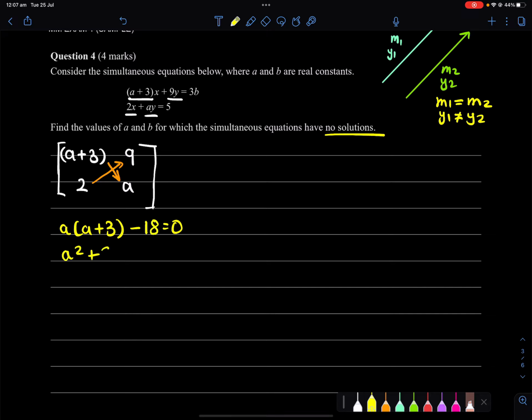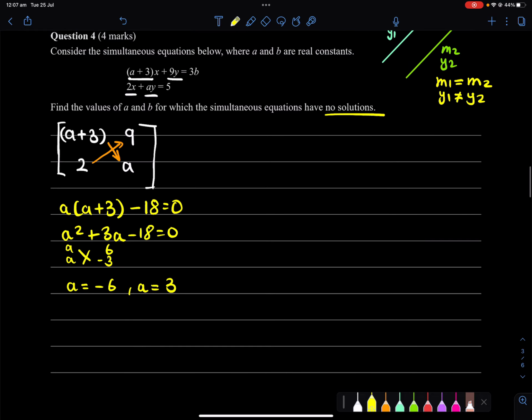a squared plus 3a minus 18. A 6 and a 3 with a minus, so that'll be a negative 6 and a 3. So we have two values of a.